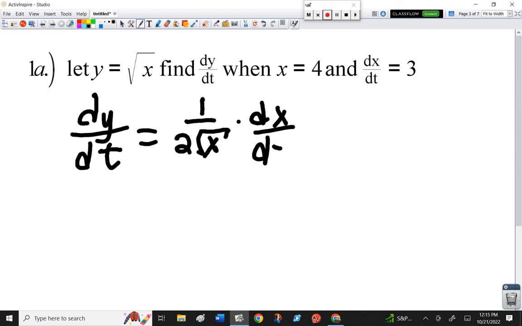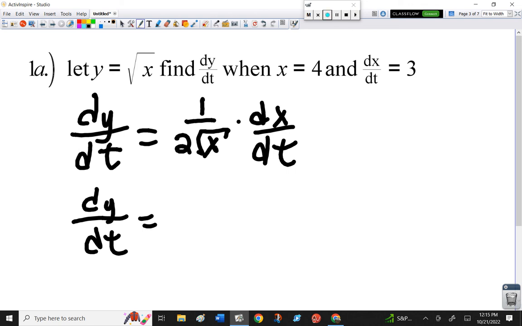Remember, we need to put that dx/dt because we took the derivative of an x with respect to time. All right. Now, ladies and gentlemen, if we count the variables, we have dy/dt is a variable, x is a variable, and dx/dt is a variable. Well, if they want us to find any one of these variables, they have to give us the other stuff. And look at that. They do. They want us to find dy/dt.